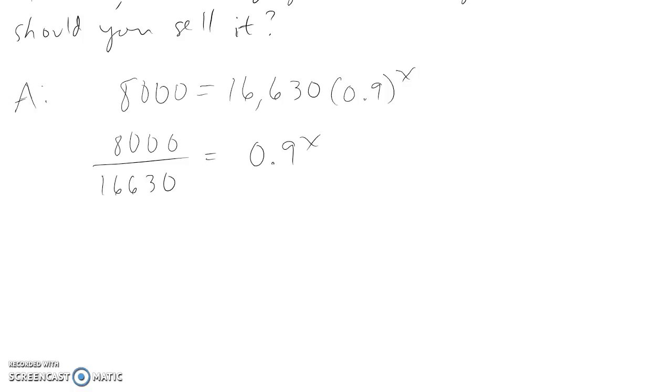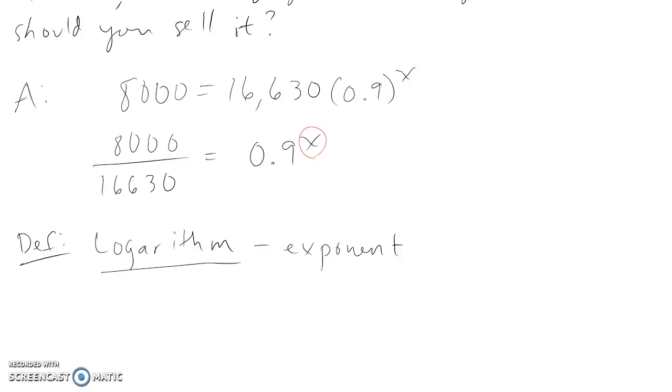All right, so what we're going to do is define a function. So let's give it a definition. We're going to call it a logarithm. A logarithm is an exponent. Remember, we're trying to solve right here for this exponent to the x.